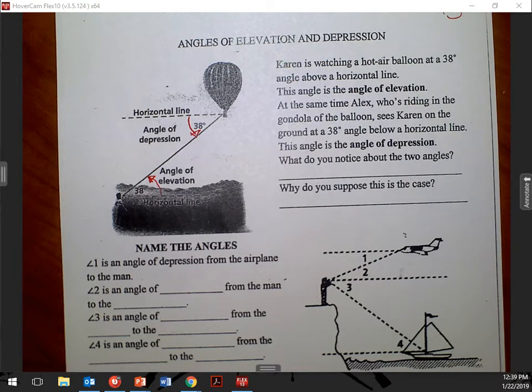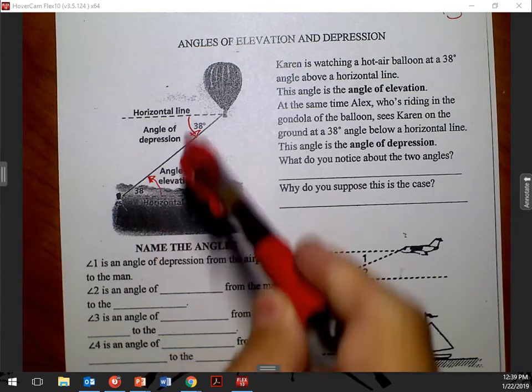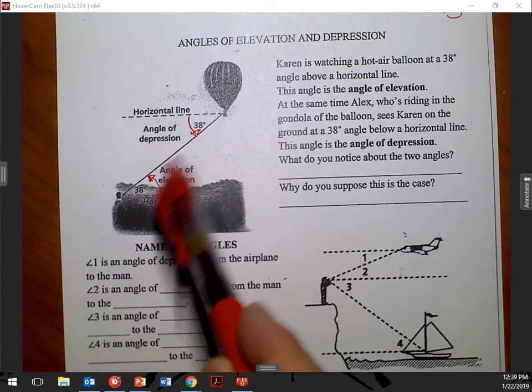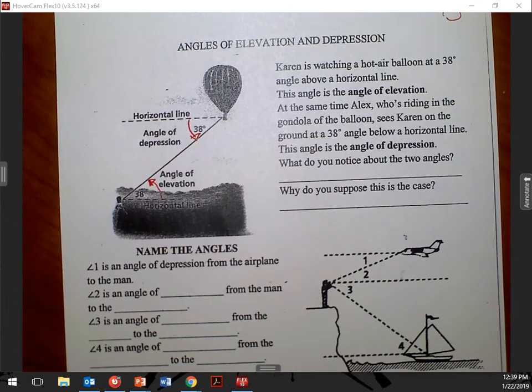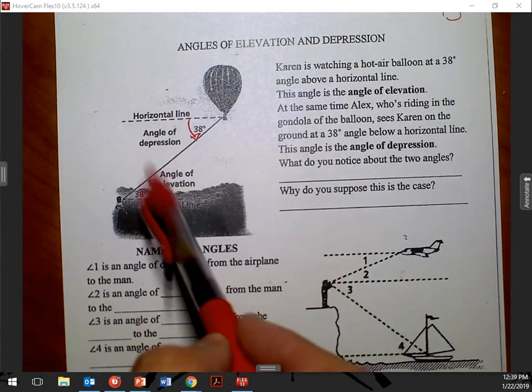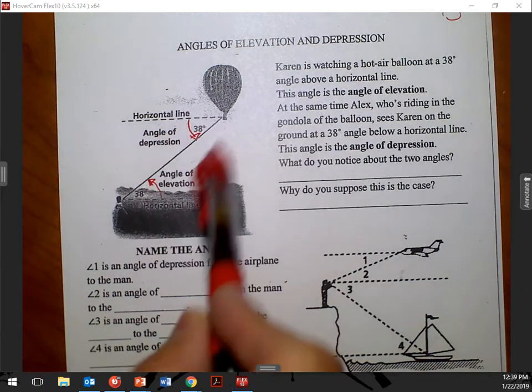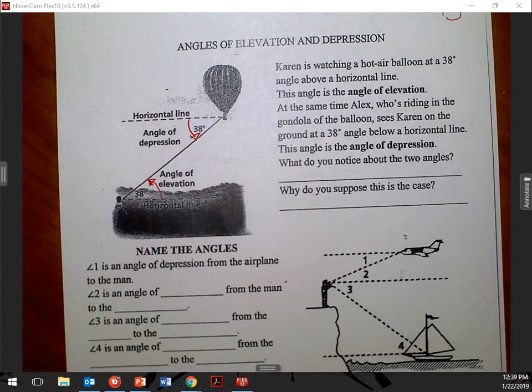Both horizontal lines are going to be parallel to each other. And because they're parallel, these two right here are going to be alternate interior angles. So they will be congruent. So I can use that information. It depends on where I need to draw my triangle.